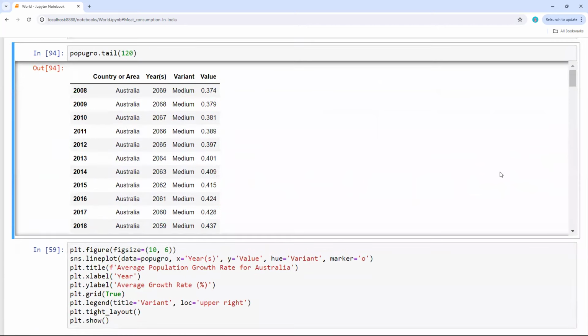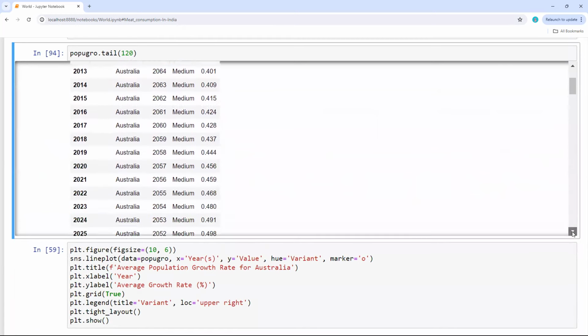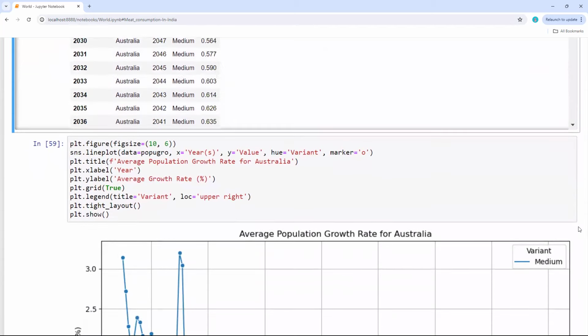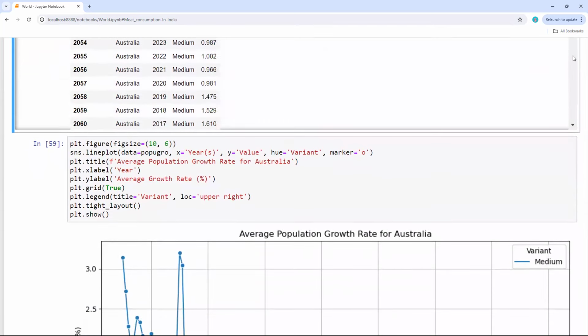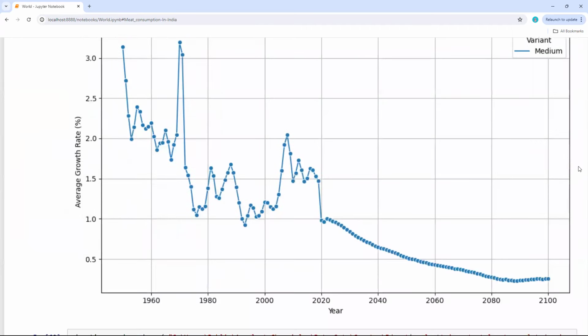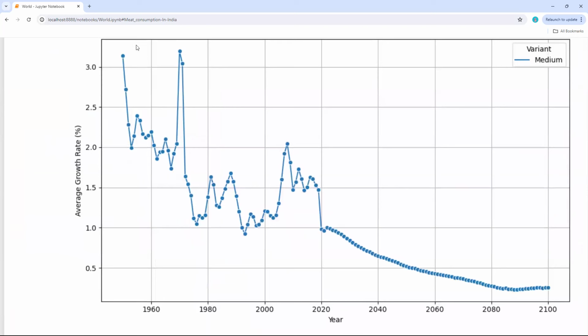So the population growth is increasing year on year. Let's take 2014 to 2024, a 10 year span, there is not much increase, 0.09%. So this is the population growth in Australia, and this is the graph which shows the population growth year on year. Population growth in 1960 is very high.